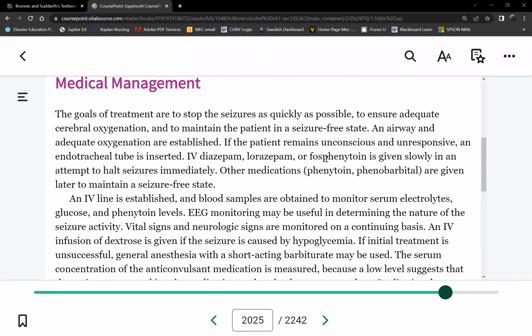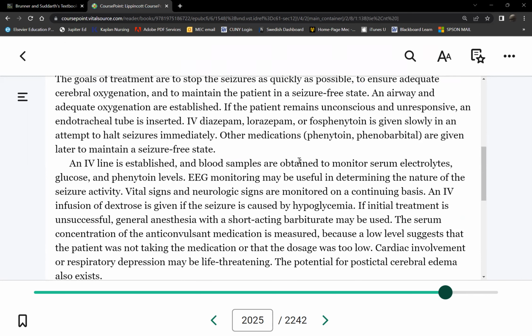So how do we stop status epilepticus? There are 2 drugs approved. Either you give IV diazepam or lorazepam, both benzodiazepines. There are others, let's say fosphenytoin, but that's not a benzo, that's an anti-seizure medication. So the first drug given to stop the seizure is a benzo, IV diazepam or IV lorazepam.